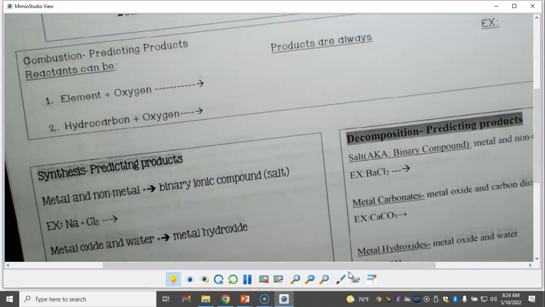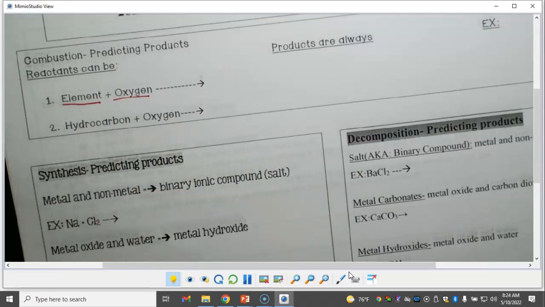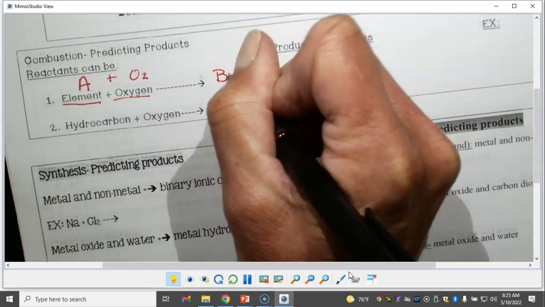If we have a single element combining with oxygen, like we did in the notes before, we represented a single element with A, and if it is combining with oxygen, you will always get a binary compound.